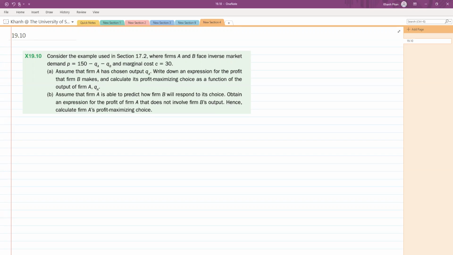Okay. So firm A is going to be the one who's moving first and making a decision first, and firm B is going to be choosing its quantity based on the quantity chosen by firm A. Given that QA is the quantity chosen by firm A, how is firm B going to respond to that? So we would like to write down the best response function for firm B, in order for firm B to maximize firm B's profit. That's what we're going to do in part A over here.